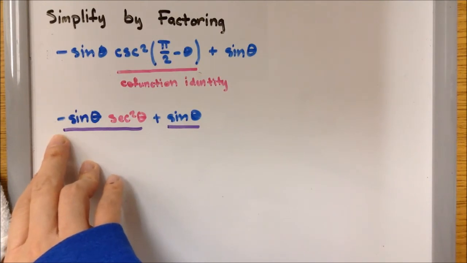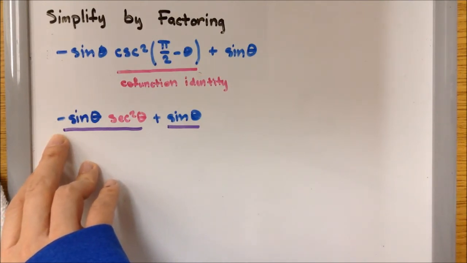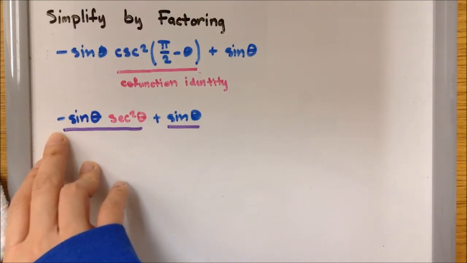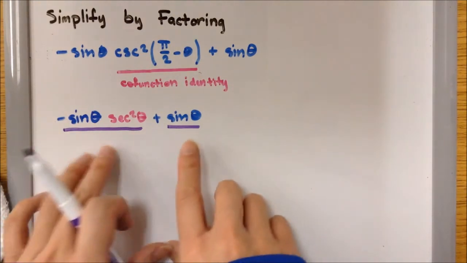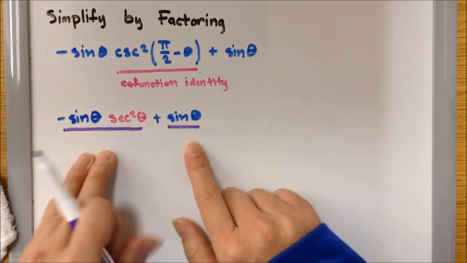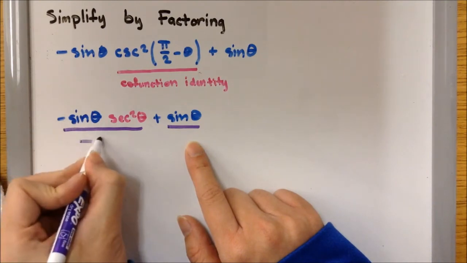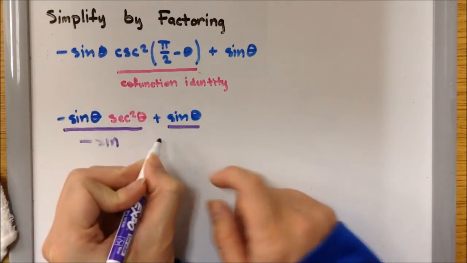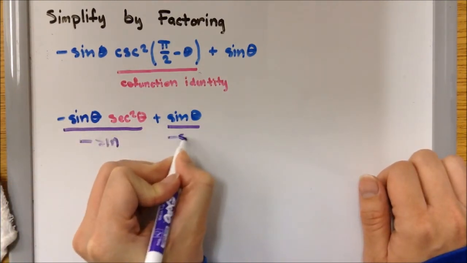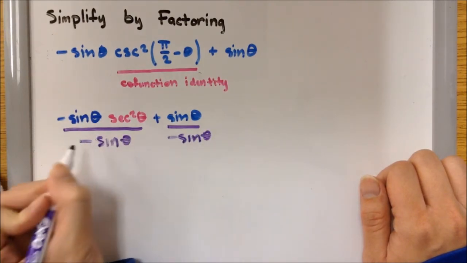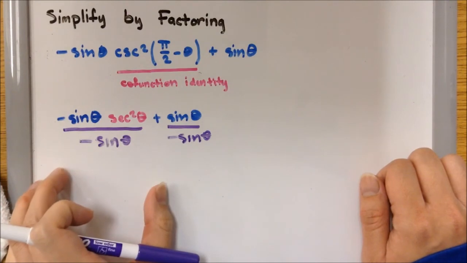So, in the previous example, I divided by a positive sign and a positive cosine. In this example, since the first sign from the left side is negative, I'm going to factor out negative sine theta.